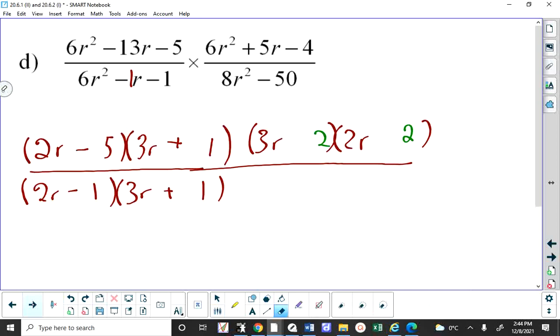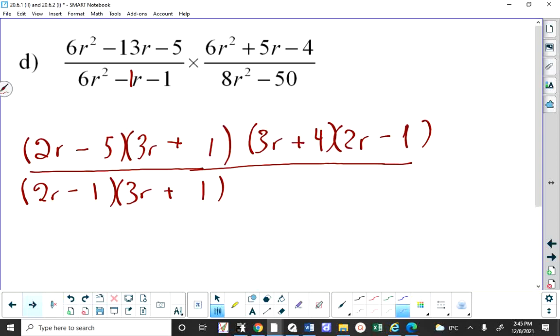So if it is 3r and 2r, it must be 4 and 1. And if it's 4 and 1, the 4 has to go with the 3, because if I put the 4 with the 2r, I get a common factor of 2. Now, maybe I'm wrong. Maybe it's 6r and r. But these are all things you have to weigh in your head as you make these decisions. I think this is going to work out, isn't it? Because I can get 8r here and negative 3r there.